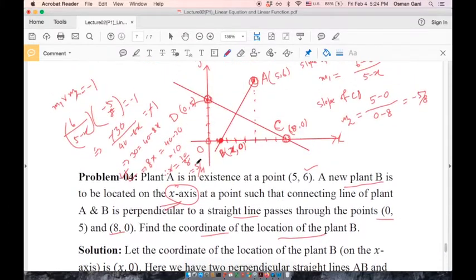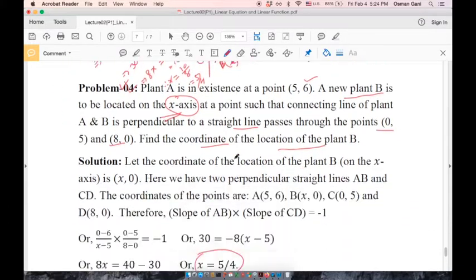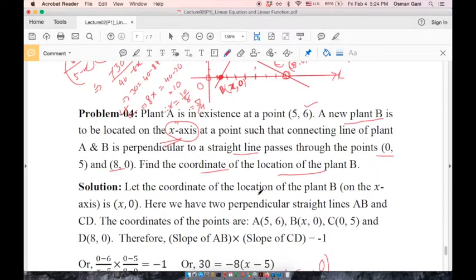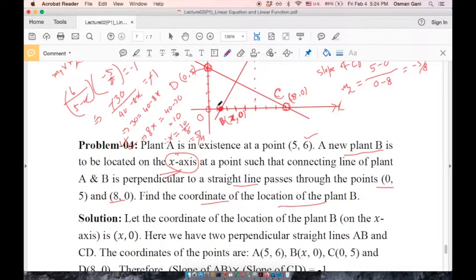Therefore the location of plant B is (5/4, 0). The coordinate of B is (5/4, 0). If the length of the axis is in miles, let's say the length of this axis is in miles, 1 mile, 2 miles, 3 miles, 4 miles, and so on.